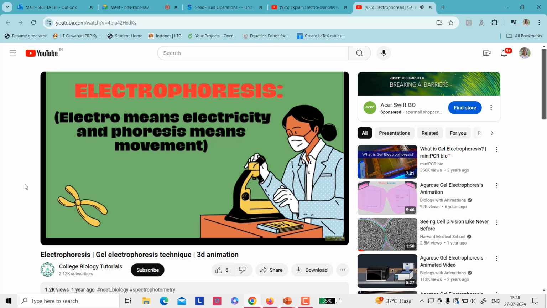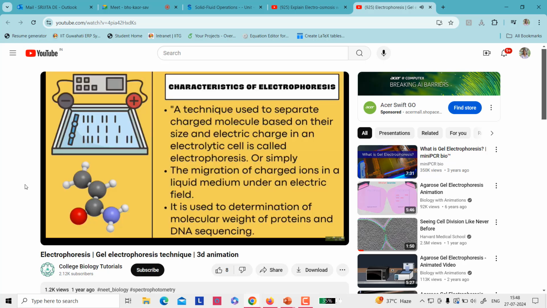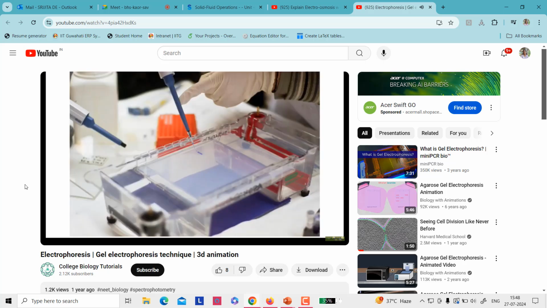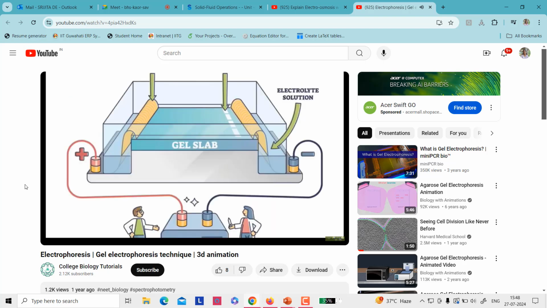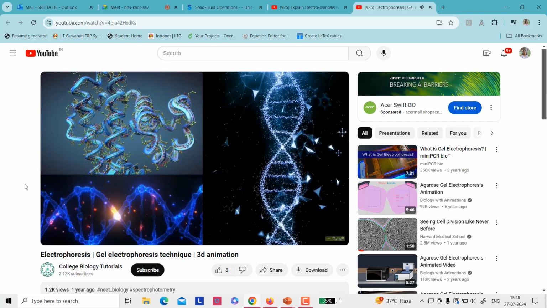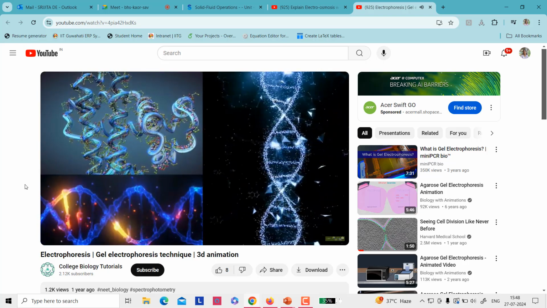So what is electrophoresis? A technique used to separate charged molecules based on their size and electric charge in an electrolytic cell is called electrophoresis, or simply the migration of charged ions in a liquid medium under an electric field. It is used for determination of molecular weight of proteins and DNA sequencing.